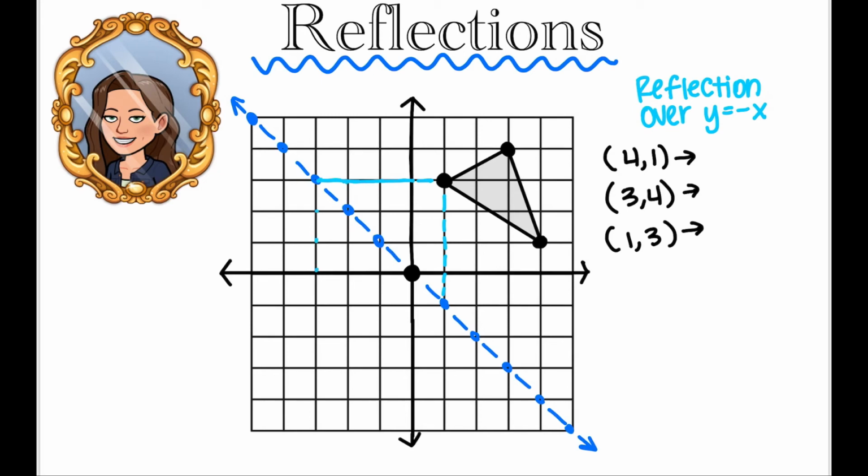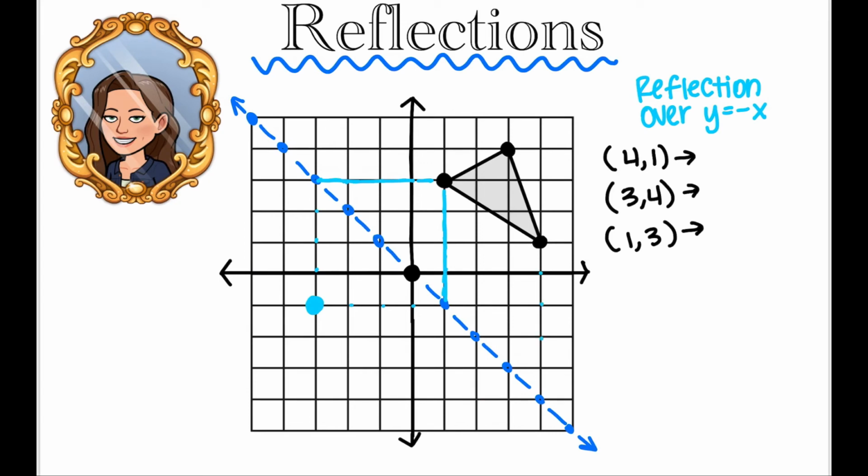So 1, 2, 3, 4, and then down 1, 2, 3, 4. And we'll repeat that process for each point. Now notice if I had gone down first, then I would be going down 1, 2, 3, 4, and I'd go left 1, 2, 3, 4, and I'd end up at the same point.